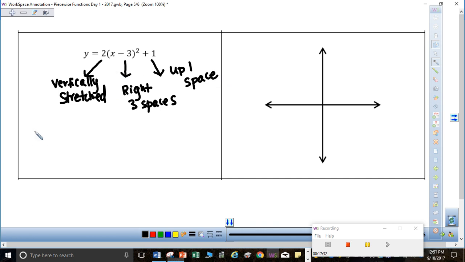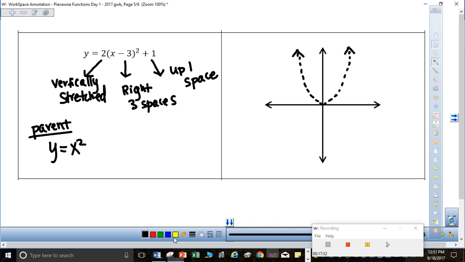All right, let's write off to the side here the parent graph, the original graph that these transformations are based on, is y equals x squared. So the original y equals x squared, I'm just going to do that with a dotted line, our basic parabola shape.